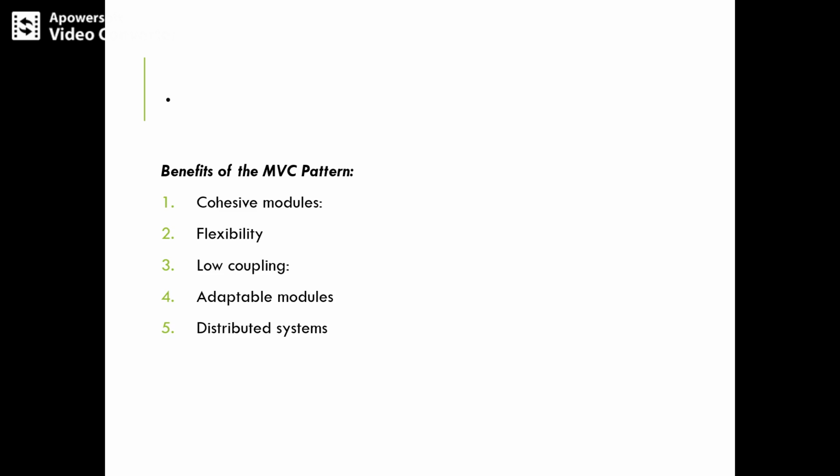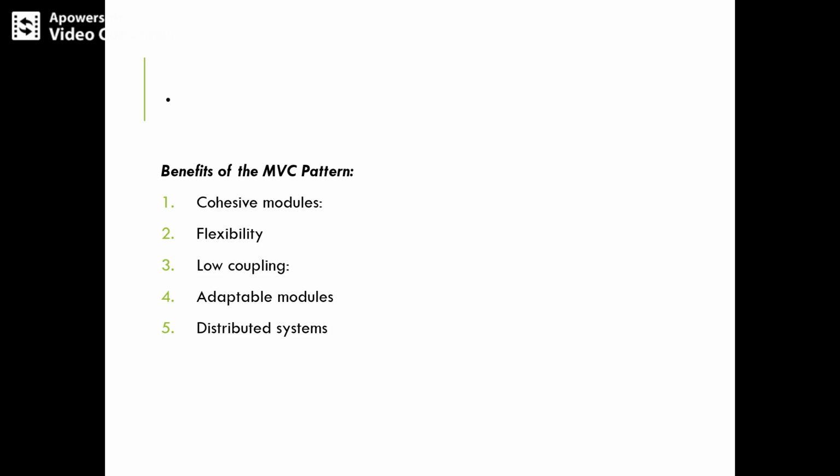The meaning is that the whole work of a module fits together well. Cohesive is nothing but sticking together. For example, display and data stick together, and this is one of the major benefits of this MVC architecture. So we say that MVC has cohesive modules.